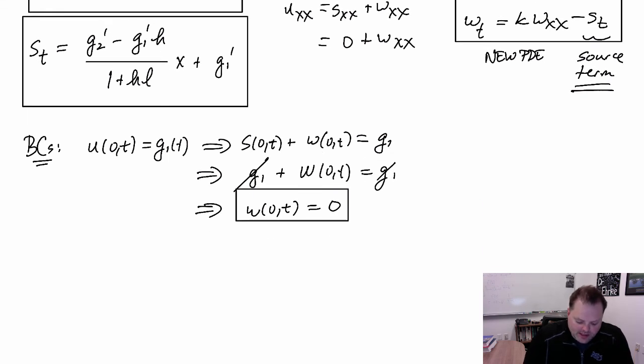The next one's not quite as easy. It's u sub x of L,t plus h u of L,t equals g2.